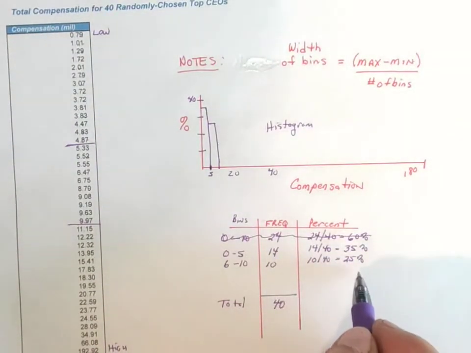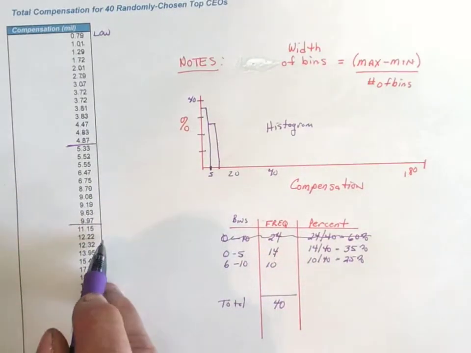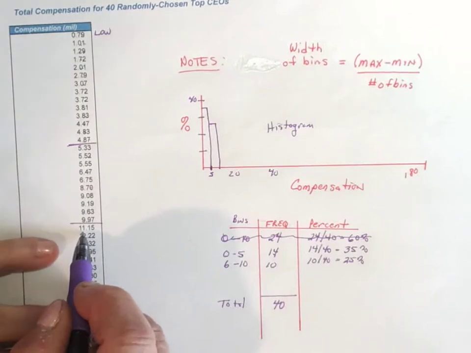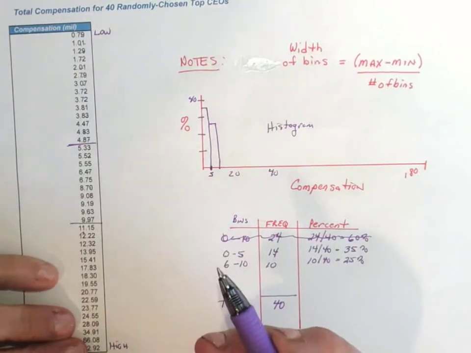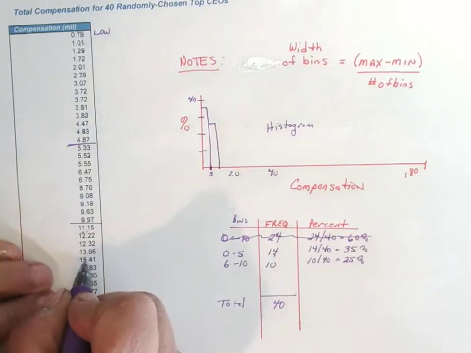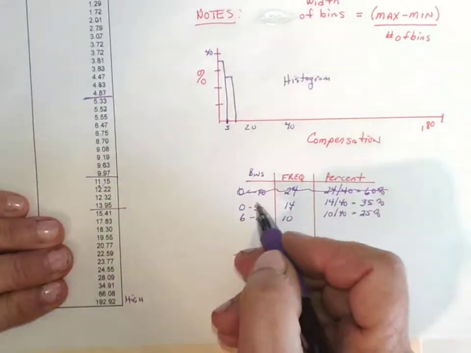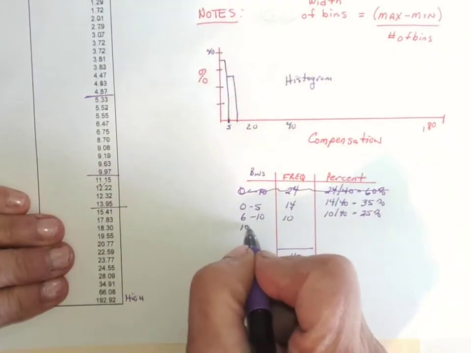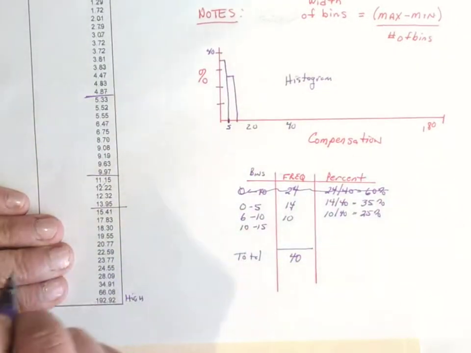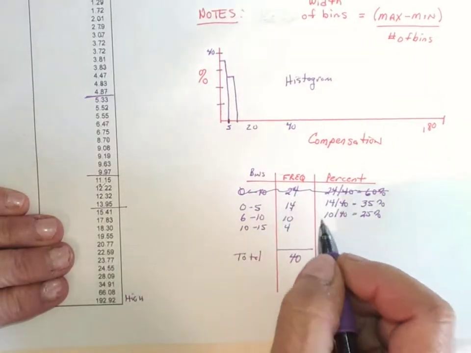If you kept on going with these bins, you're going to be seeing that in the next grouping of 5, if I go 10 to 15, 1, 2, 3, 4, that's going to give us 4.